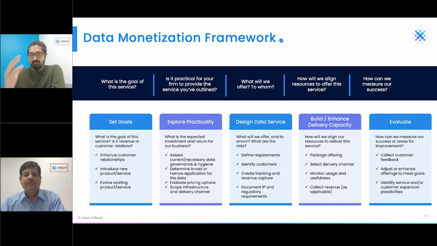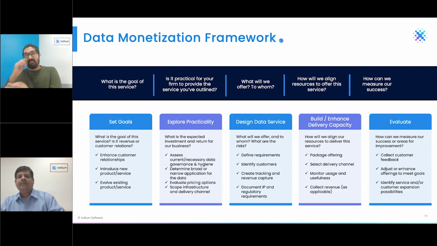This has a very good alignment with the strategy as well. We start with the goals. We call out whether this is something new that we are creating. If you look at traditional companies, they already have the data. Maybe they are doing their business in an old-fashioned way, but then they can get into a new venture, right?